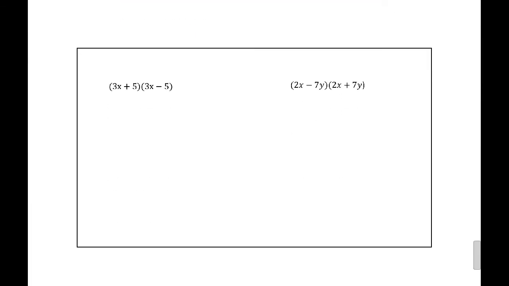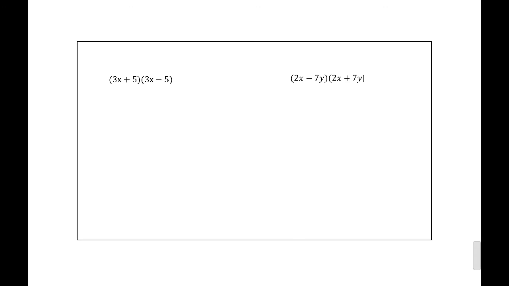All right, we have 3x plus 5 as a quantity multiplied by 3x minus 5 as a quantity. Based on that statement, a plus b multiplied by a minus b, those conjugates, it's going to be a squared minus b squared. Now, you could distribute those two, a plus b and a minus b, multiply them together, and you should notice you end up with a squared minus b squared.